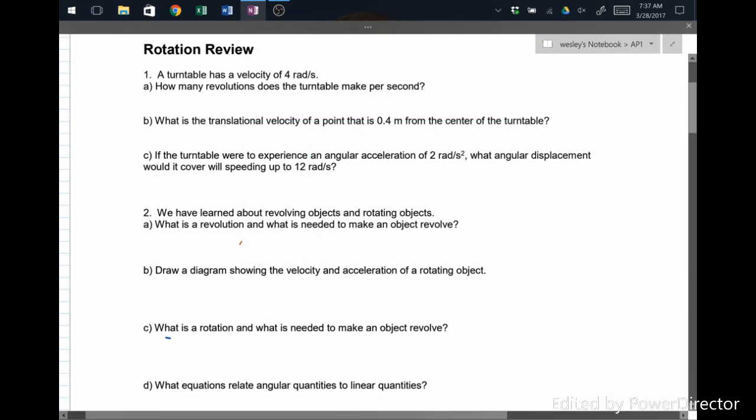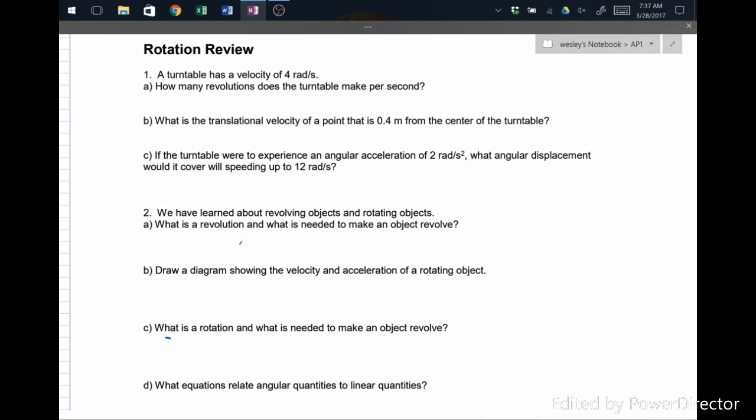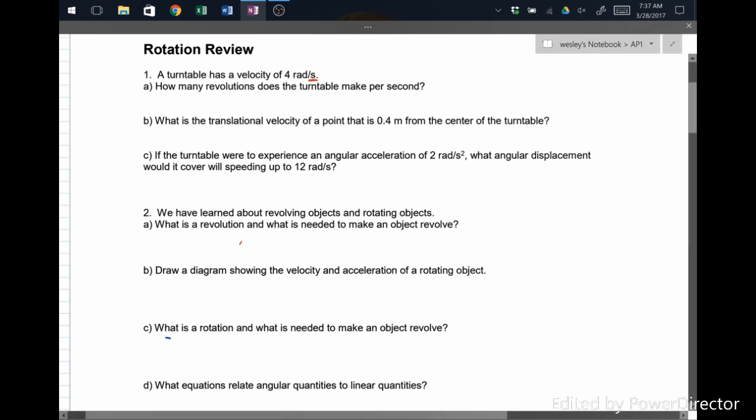All right, rotation review. First question is, how many rotations does this turntable make per second? So if we're going to do rotations per second, and we have radians per second, since we're already in seconds, we don't have to do too much work. So 4 radians per second. I'm going to put we got 2 pi radians for 1 revolution.